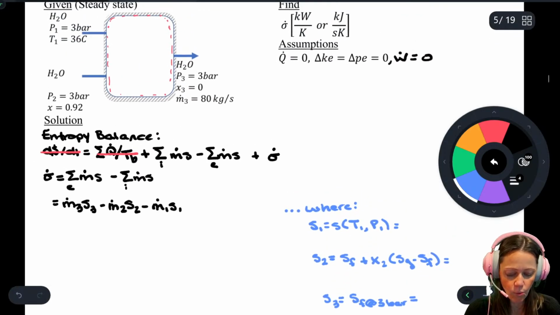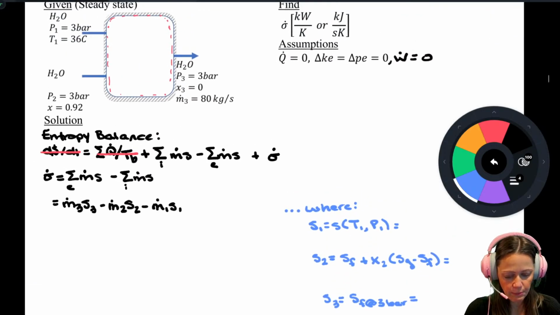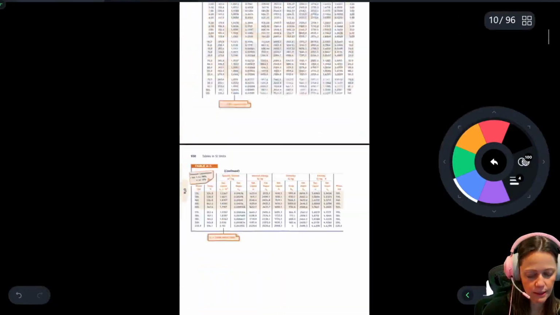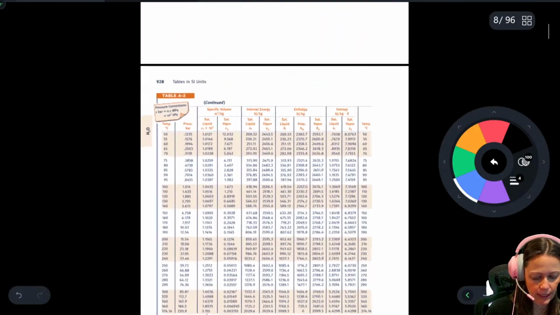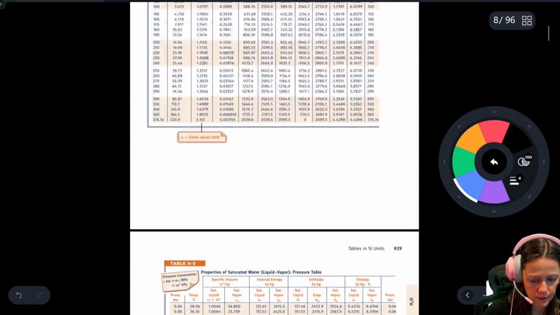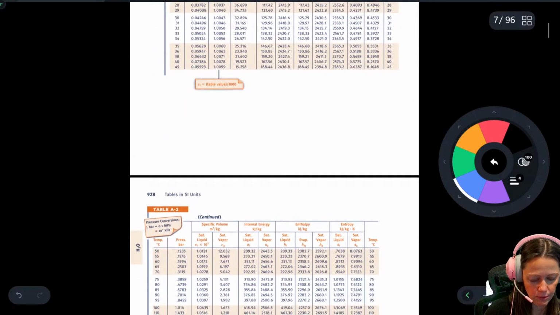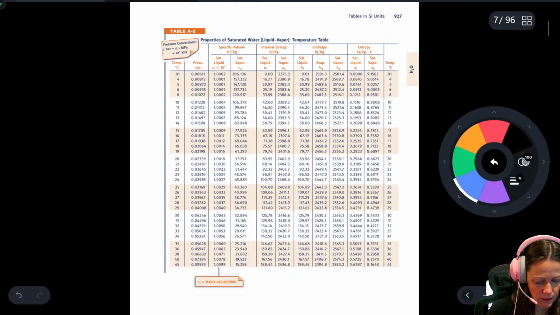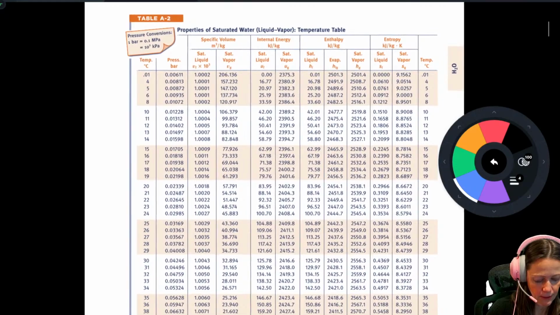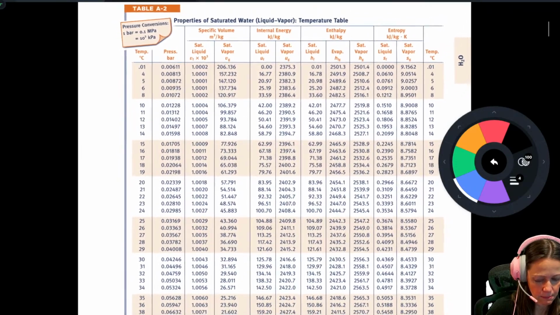So at state 1, I've got 3 bar and 36 degrees Celsius. So I'm going to go look these up in my tables here. It doesn't really matter, I'll look in table A2, I think. All right. Get everything in as best as I can.